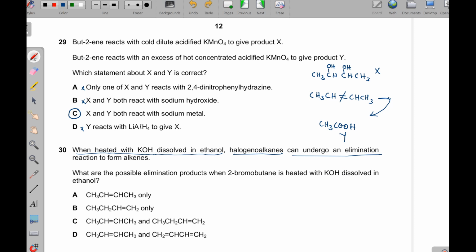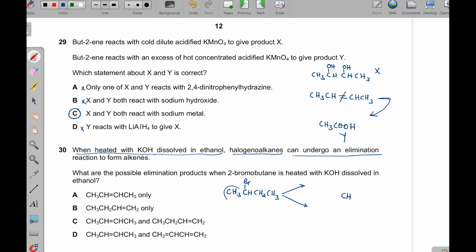Okay. So we have 2-bromobutane. What is 2-bromobutane? I can put the bromine here, then the H here, then CH2, CH3. Now this one is going to give us two products. This carbon holding the bromine is going to lose the bromine. So we shall have CH there.